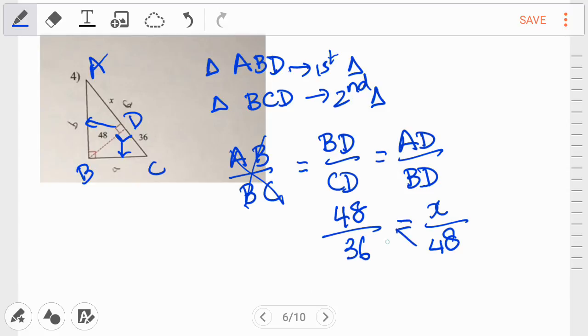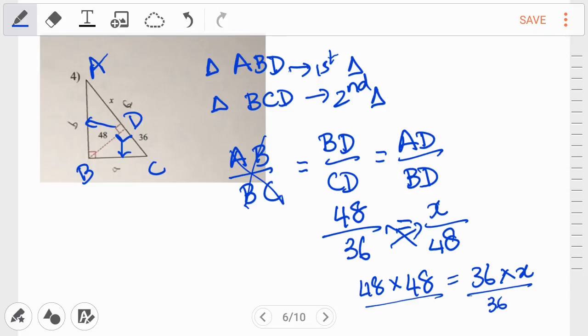So now you cross multiply, you get 48 times 48 is equal to 36 times x, 36x. So when you have multiplication, you're gonna divide by 36 on both sides and find the answer.